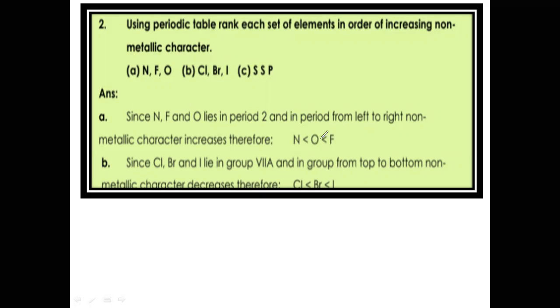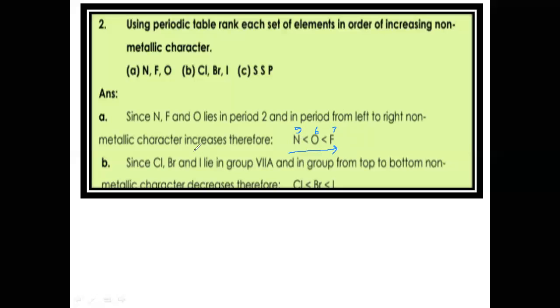As I told you, fluorine is in group 7, oxygen in 6, and nitrogen in 5. So when we move from left to right along the period, the non-metallic character increases. The least non-metallic is nitrogen and the most non-metallic is fluorine.